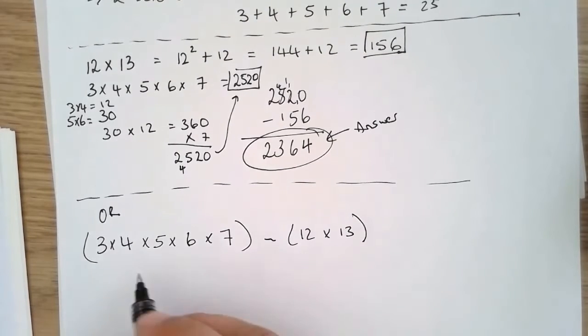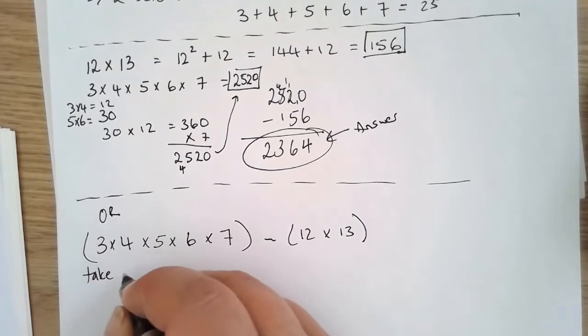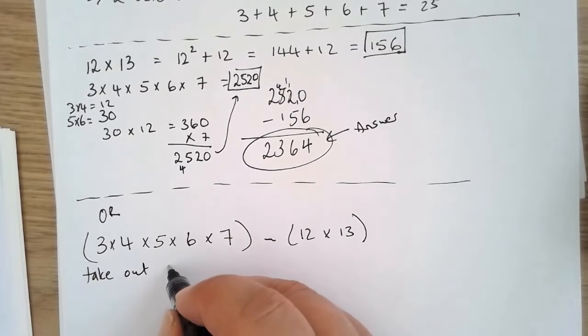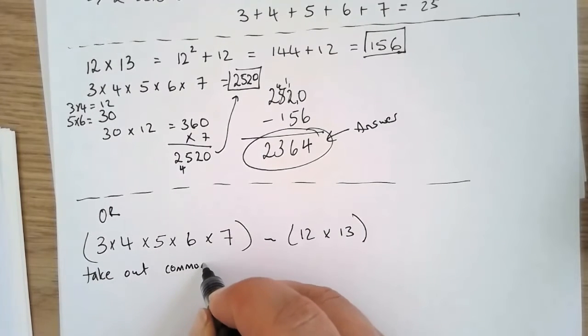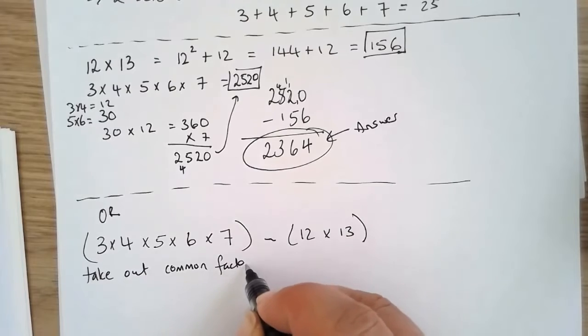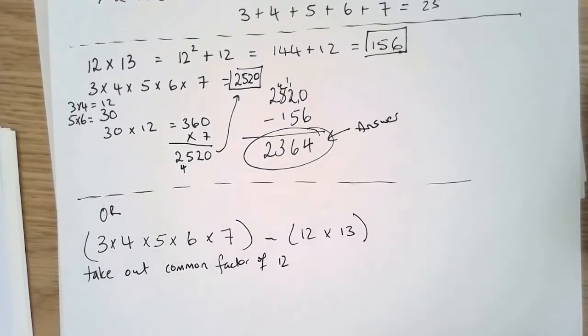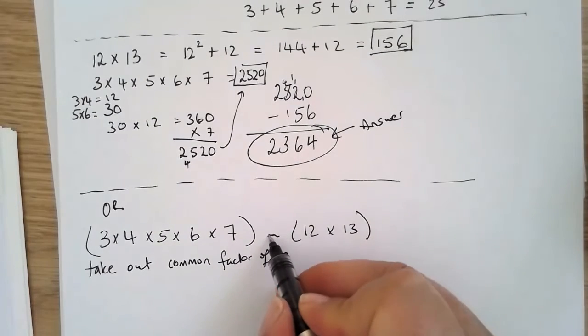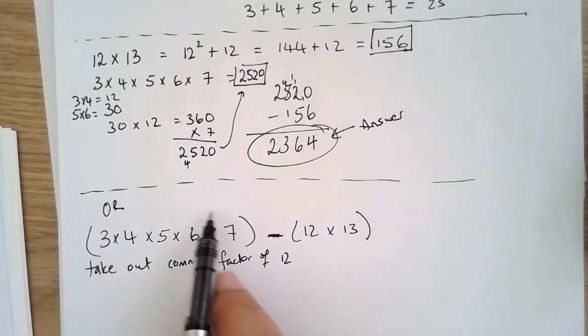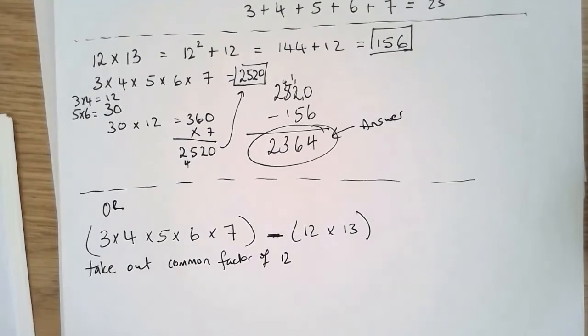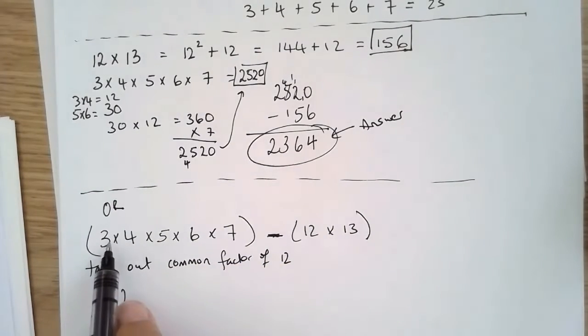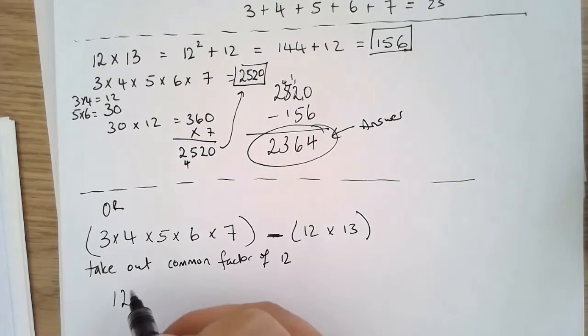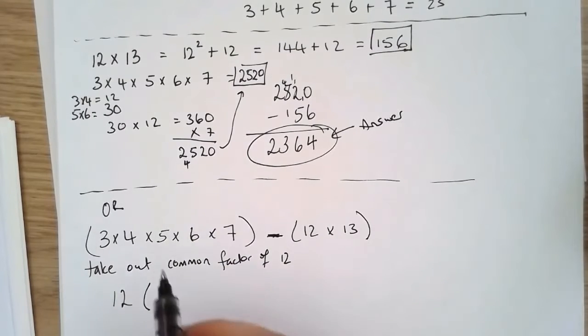And we can take out a common factor of 12, because I can see a 12 here really easily. 3 multiplied by 4 is 12, so I'm going to take it out of the bracket. I'm just left with 5 multiplied by 6 multiplied by 7.